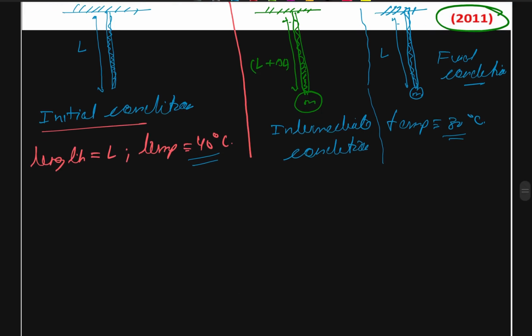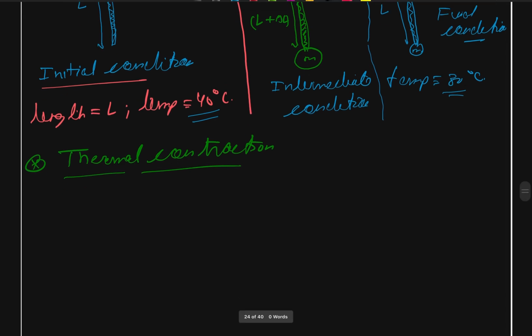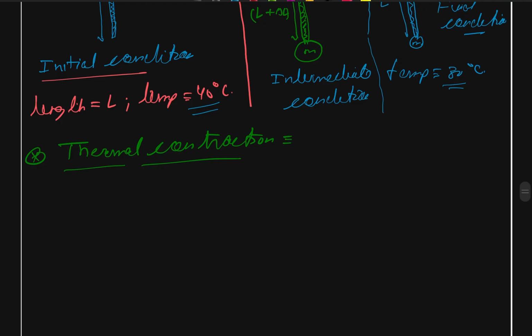So let us discuss this thermal contraction. The change in temperature delta T will be equal to 40 minus 30, that is 10 degrees centigrade.